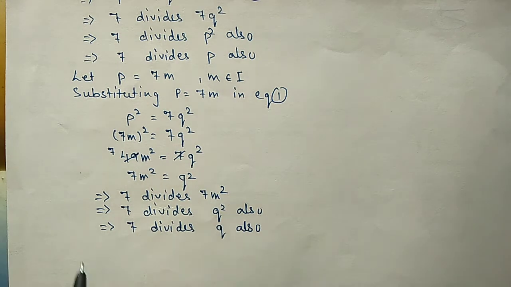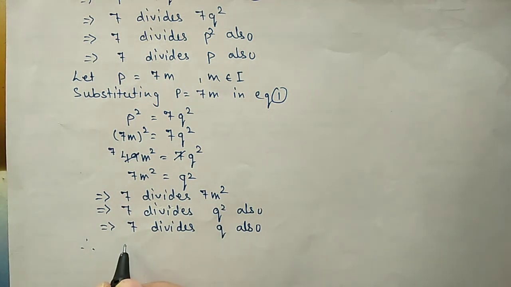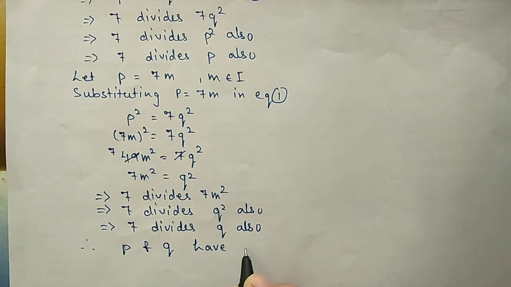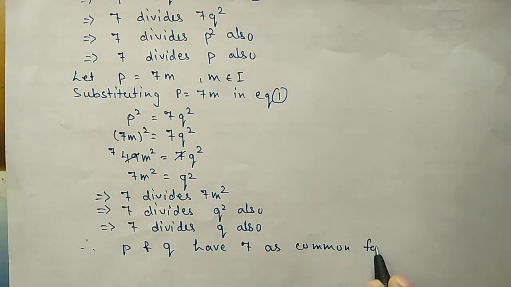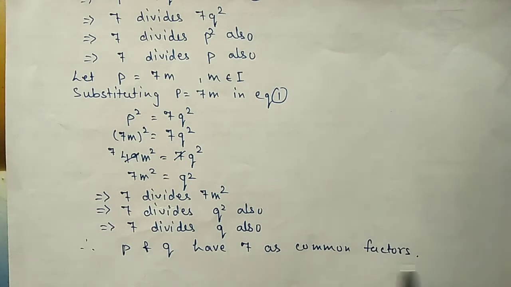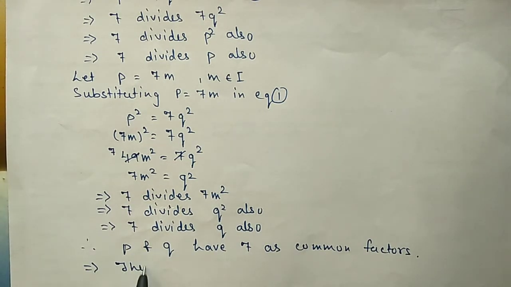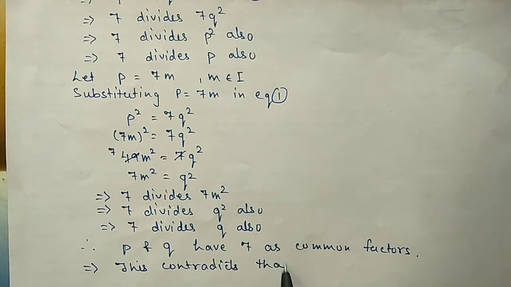Therefore p and q have 7 as a common factor. And this statement contradicts the first statement that p and q are co-prime numbers.